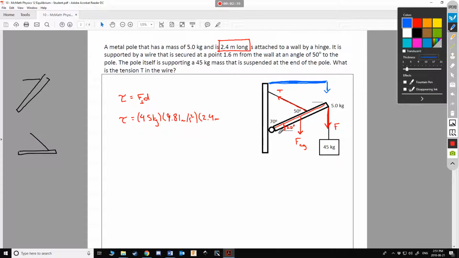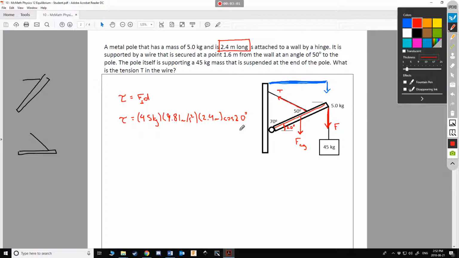So what is that distance? If the slanted arm is 2.4 meters, if I multiply this by cos 20 degrees, I will have the perpendicular distance from the pivot. So cos 20 degrees. This is the torque caused by that force on the far right.